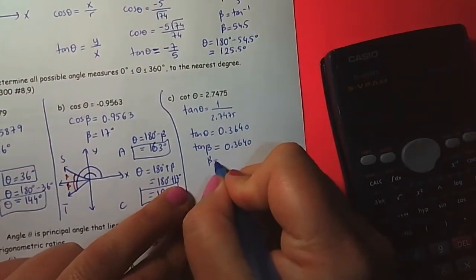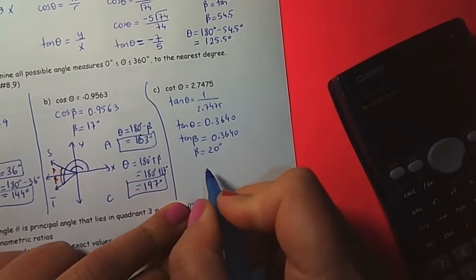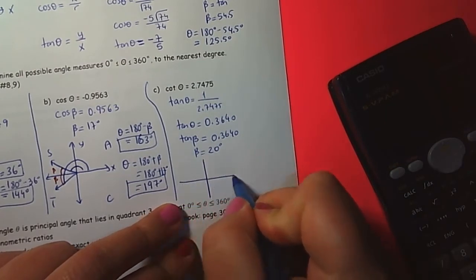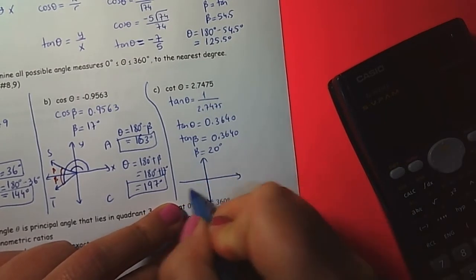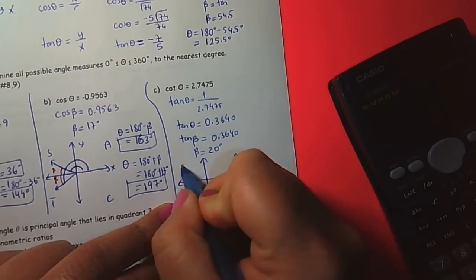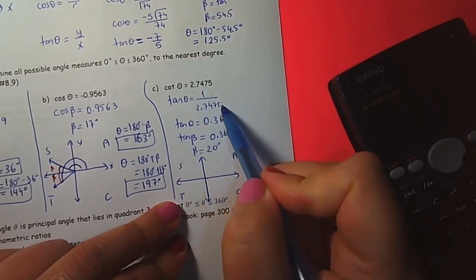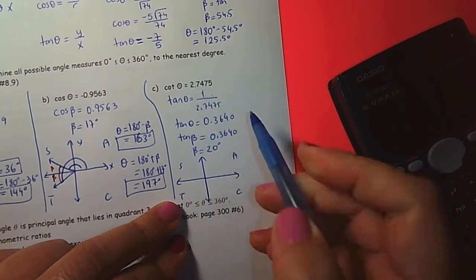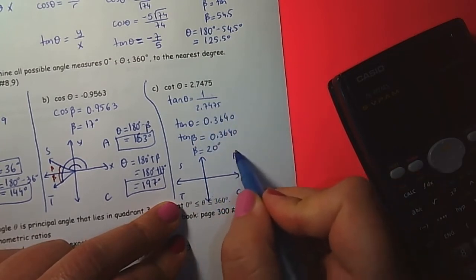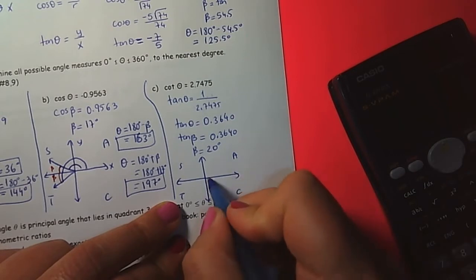So beta is 20 degrees. Next step, finding theta using CAST. We need tangent being a positive value. Tangent is positive in the first quadrant and in the third quadrant.